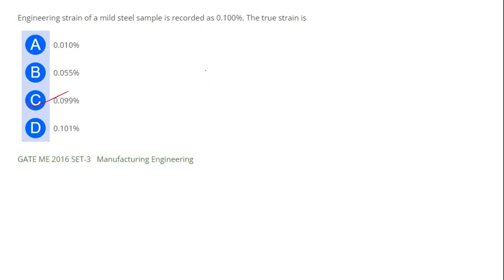So engineering strain is given as 0.1 divided by 100, that is 0.001. Then they are asking you to calculate the true strain. So true strain is ln of 1 plus engineering strain.